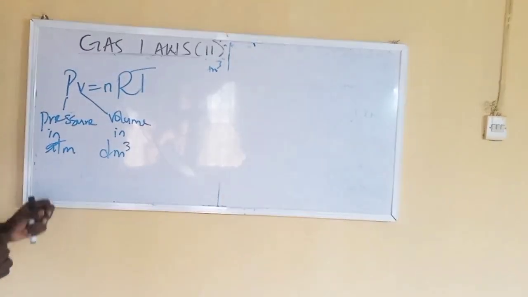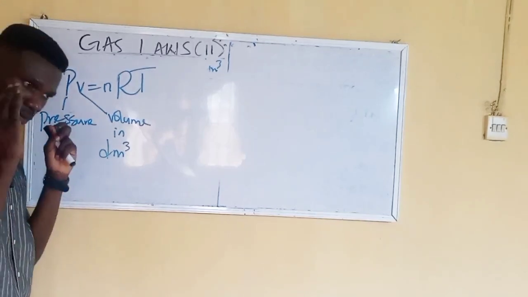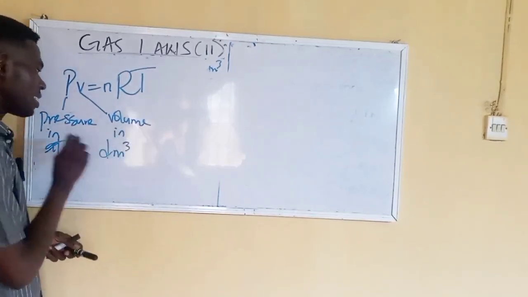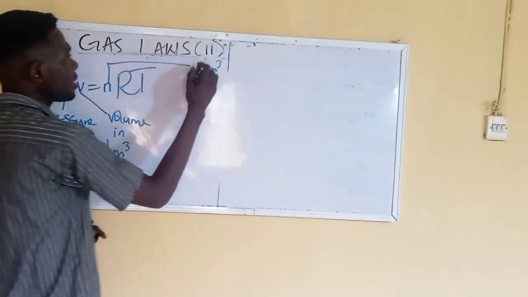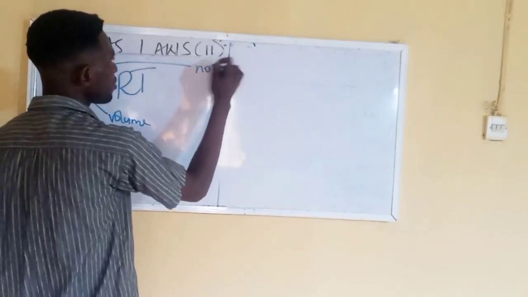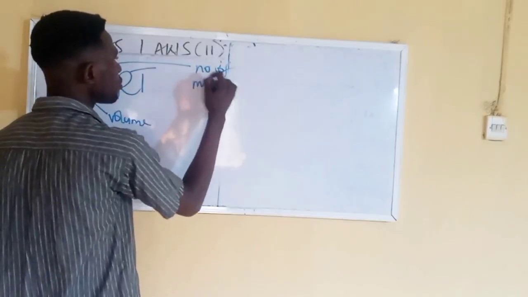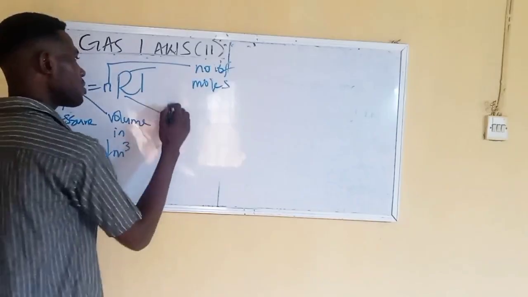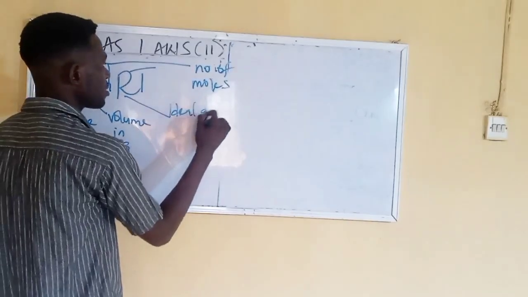Please, we have to pay strict attention to these things. Their unit is dm cube. Your n here stands for your number of moles. Your R here stands for the ideal gas constant.